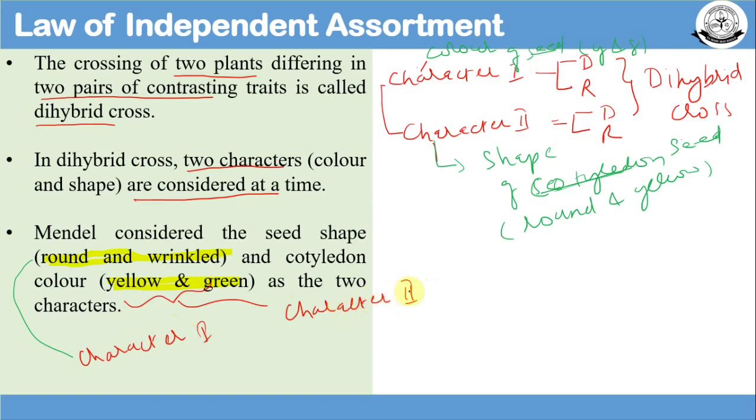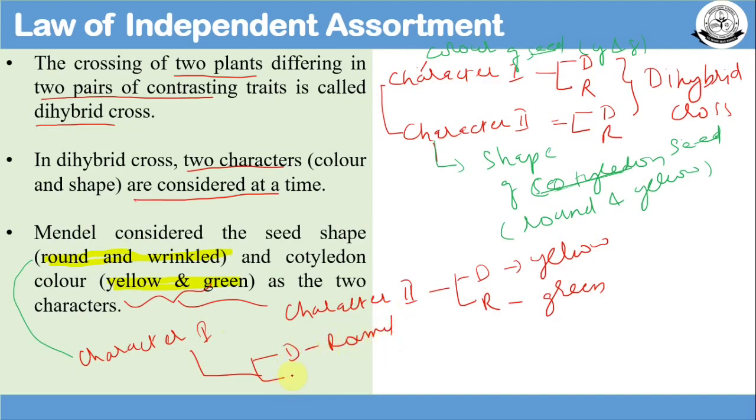In character 2, the dominant is yellow, the recessive is green, and in character 1, the dominant is round and recessive is wrinkled, right? I hope you understand.